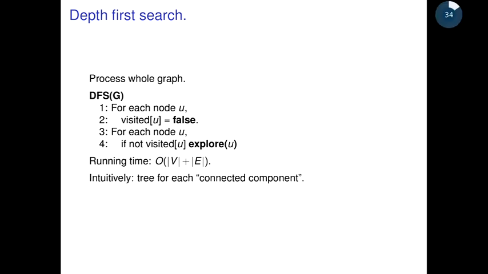So intuitively, what does it do? If the whole graph is connected, meaning there's a path from the first vertex to everything else, then from the first vertex you explore and you've already explored the whole graph. And every other time through this loop, it'll do nothing, because the nodes will be visited. This visited vector is being used inside of the Explore procedure, and it will mark them.